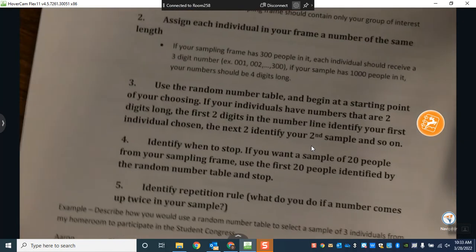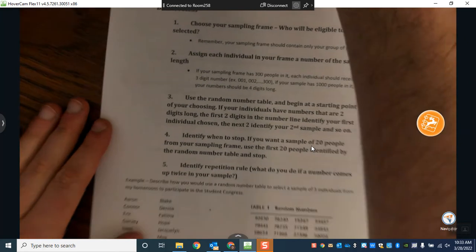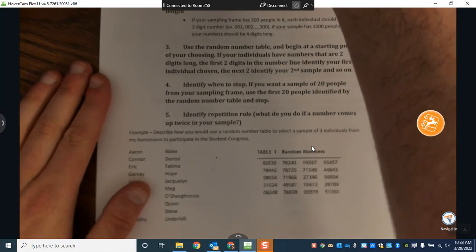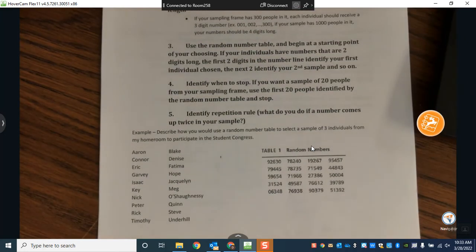I want to just talk about, and I don't actually know if you still need to be able to do this, but you are going to need to be able to describe how to take a random sample. I want to talk to you guys about how I want you to describe it, because that is something that they might ask you.